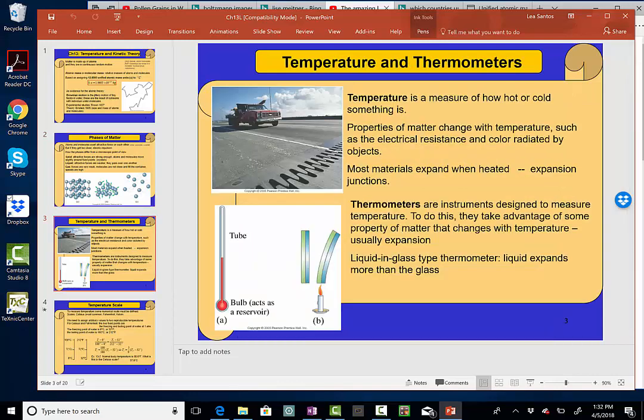Next slide is introducing finally the concept of temperature, which is the title of this chapter, temperature and thermometer. So what is temperature? Well, it's a measure of the sensation of how hot or how cold. What does it mean to have something that is very hot?